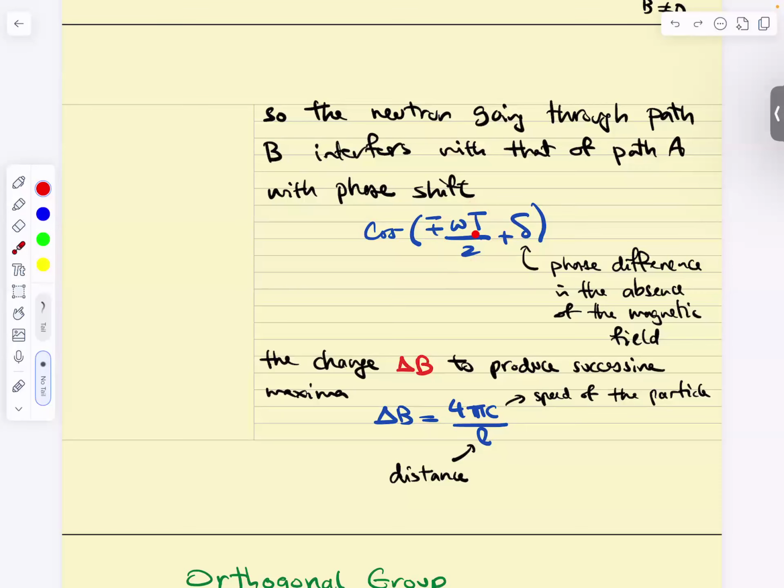For these extra phases to go between two successive peaks, it takes 4 pi c over L, not 2 pi c over L. Okay, let's pause here, ask for questions, and then I'll tell you something else. Are there any questions? L is the distance it travels.